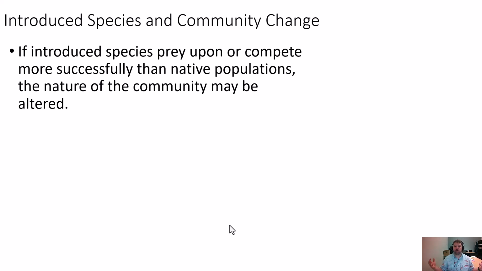There are all kinds of ways in which an introduced species may get the upper hand on the native species.